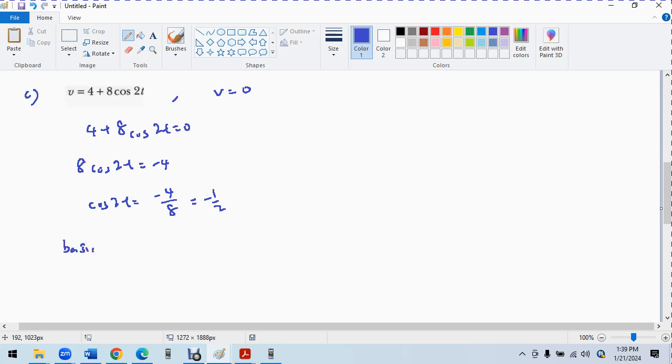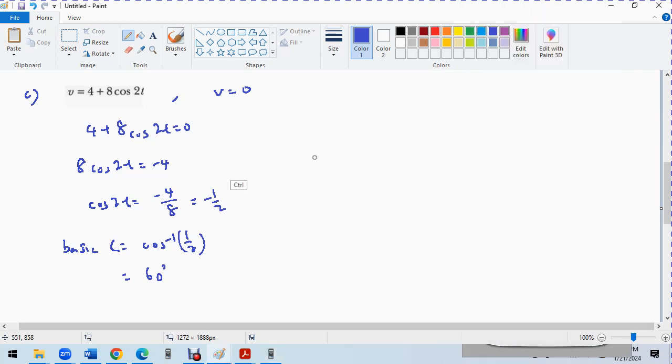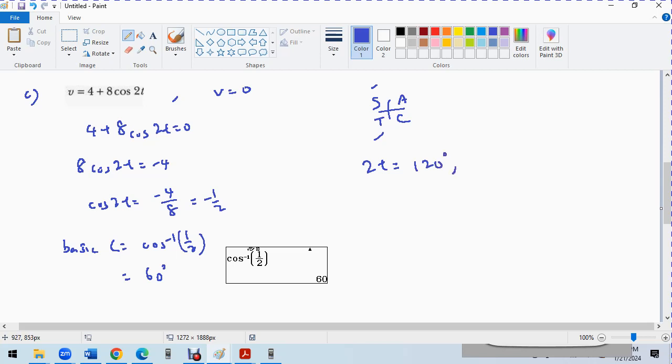Then the basic angle will be arc cos 1 over 2, that is 60 degrees. And then we know the ASTC rule: cos is negative in the second and third quadrants, so 2t will be 120 and then 240.